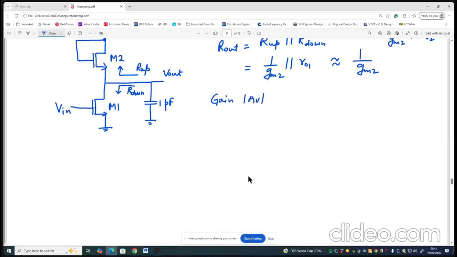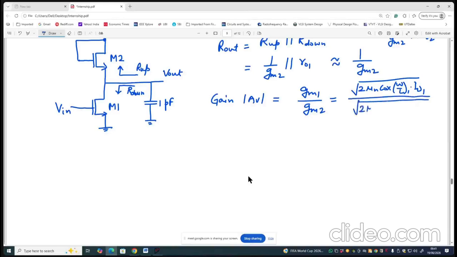mod of Av is equal to gm1 into R out. R out is 1 upon gm2, so this comes out to be, and if we write gm1 like this, square root of 2 mu n Cox W upon L1 ID1 upon square root of 2 mu n Cox W upon L2 ID2.